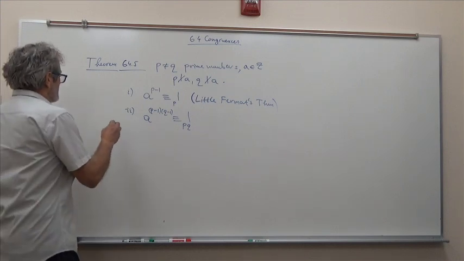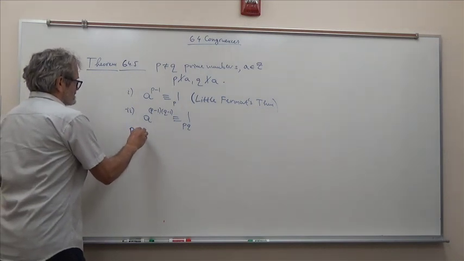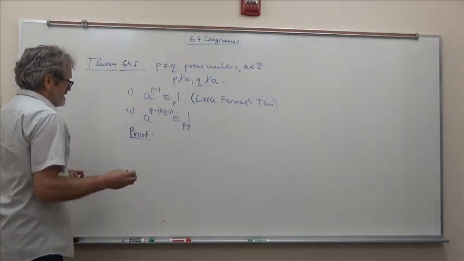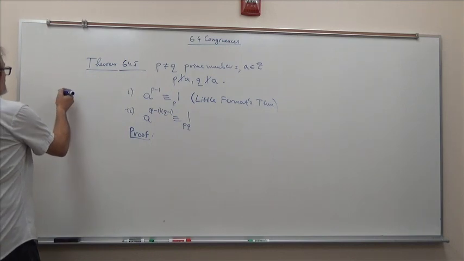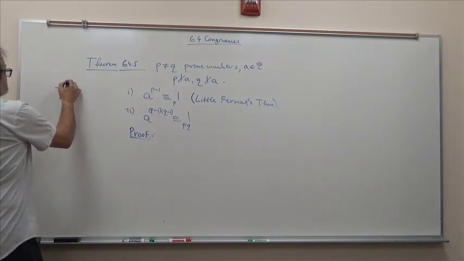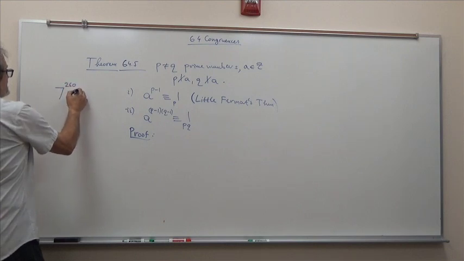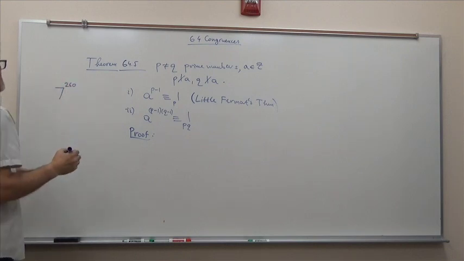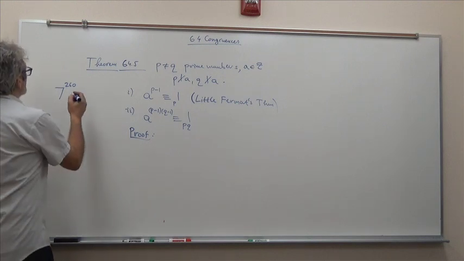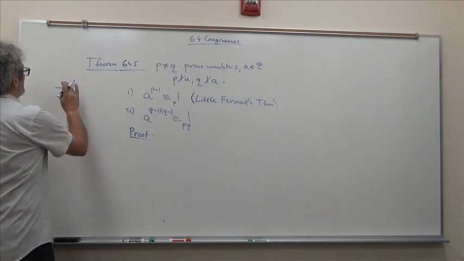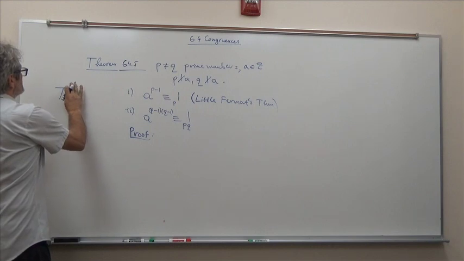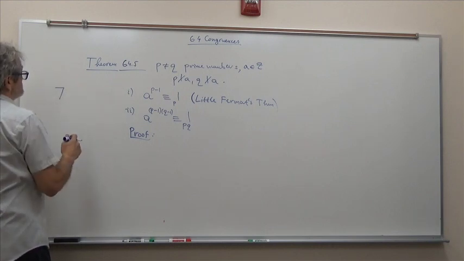So generally, before I do the proof, let me illustrate what this is telling us. So for example, if I need to calculate 7 to the 260, and, no, this is not a prime, I'll have to change that. 7 to, let's say, 42.